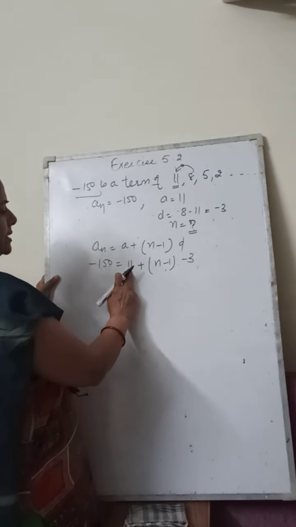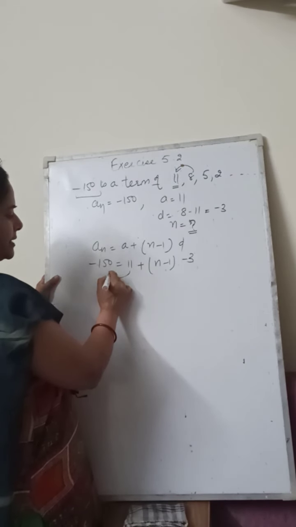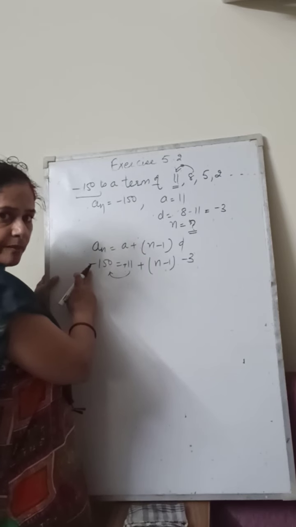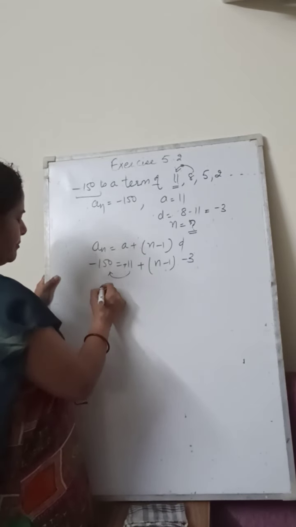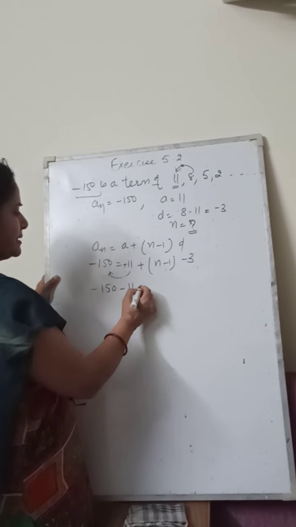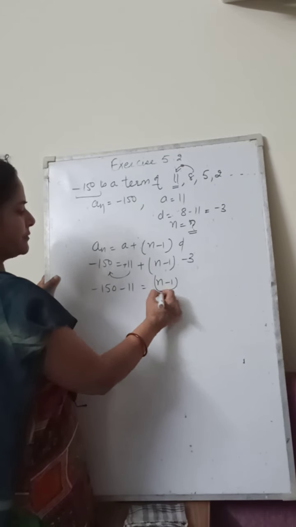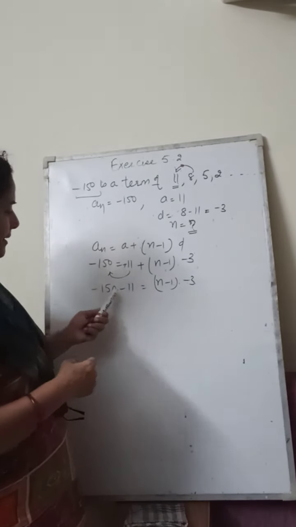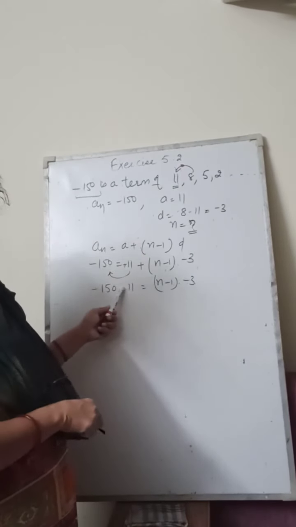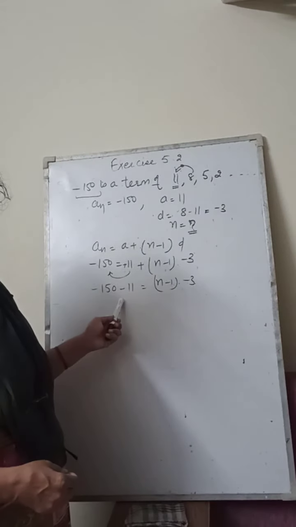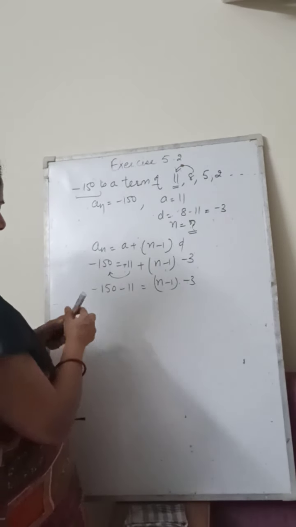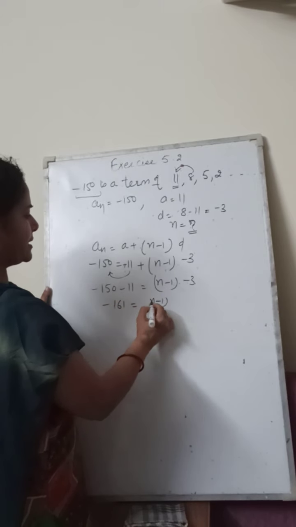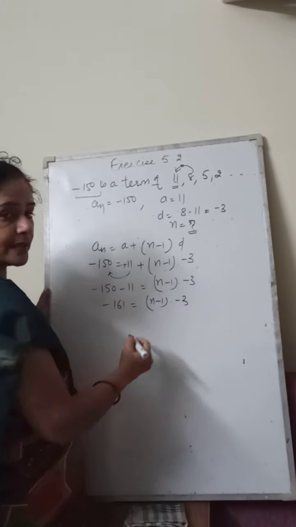Right? Now this 11 will go to this side. Children, here it is a plus sign, so on the other side it will become negative. Minus 150 minus 11 is equal to n minus 1 into minus 3. So it is minus 161 is equal to n minus 1 into minus 3.